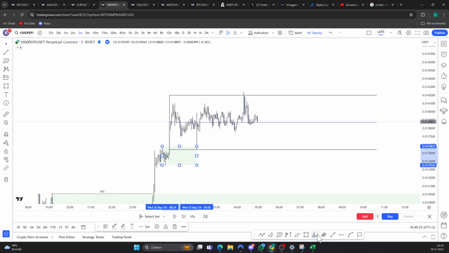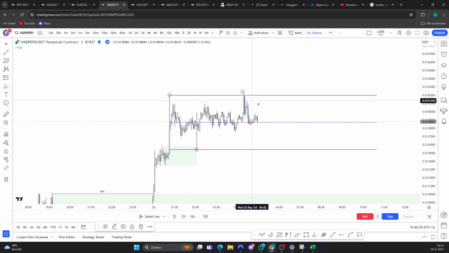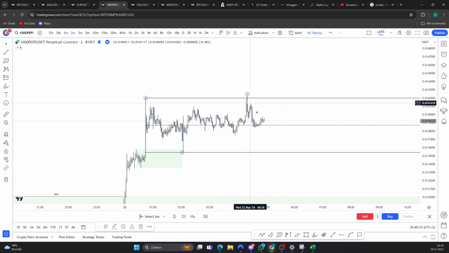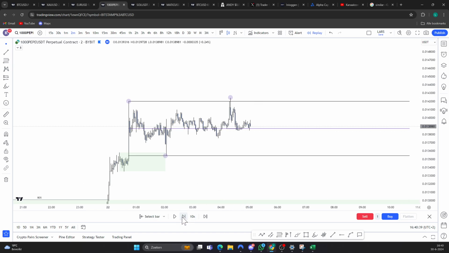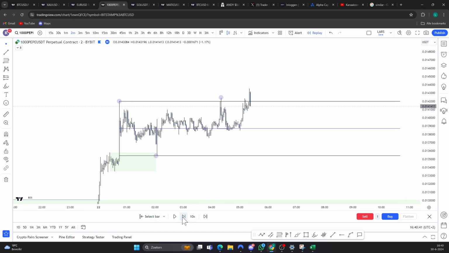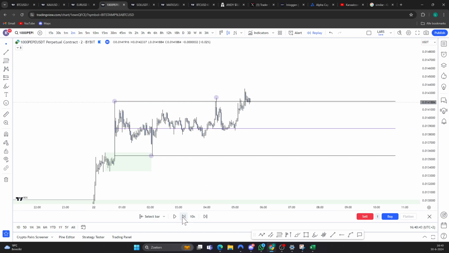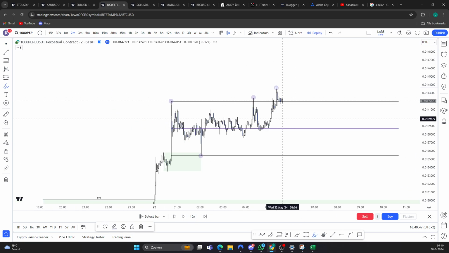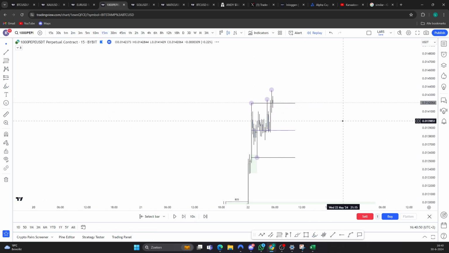Where the range low is tapping into that. So we have range high, we have range low, we have first sweep of the range high. Kind of trying to break structure here, but it's not really convincing yet. And you have price coming back up again.